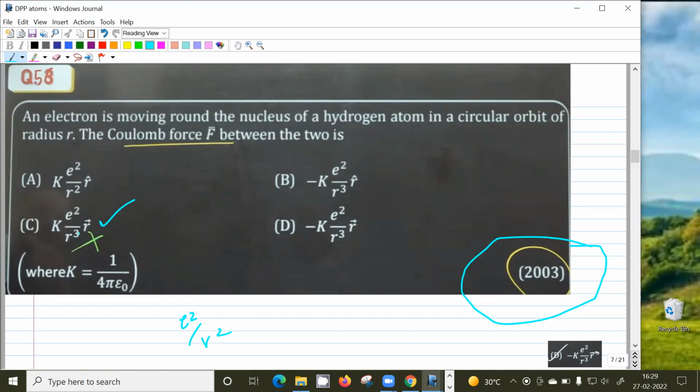So R and R will cancel. Now look at the direction. The electron is moving around the nucleus, so it will be an attractive force. So it will be towards the center, so it's minus. Option D, sir. Yes, if you assume the nucleus is the origin, and the electron is at distance r, it's an attractive force, so it should be D.